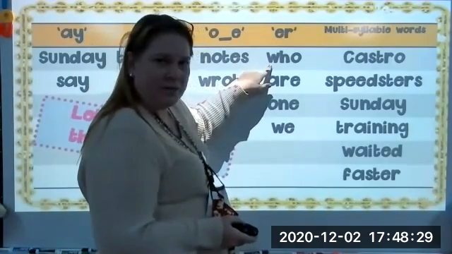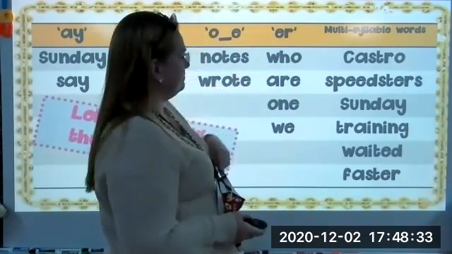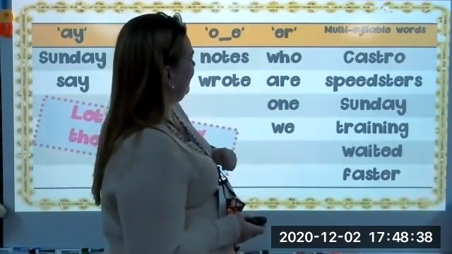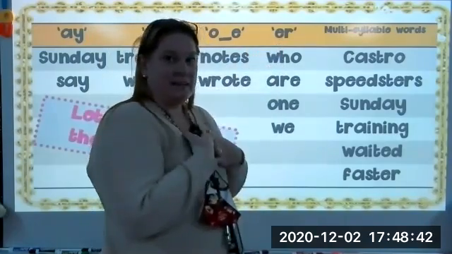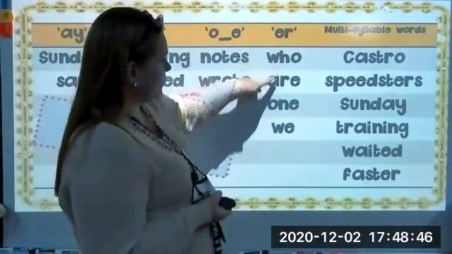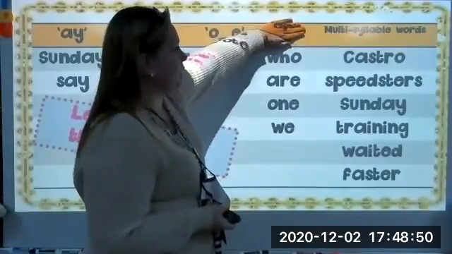Why is who on that list? That word should not be there, should it? So we have R1. I don't think that should be there, guys. I apologize. I didn't make this slide, so I don't know why that's there. But we have the words who, are, one, and we. I don't know what that's supposed to be for.